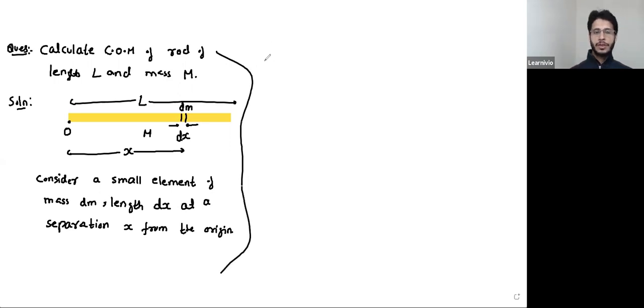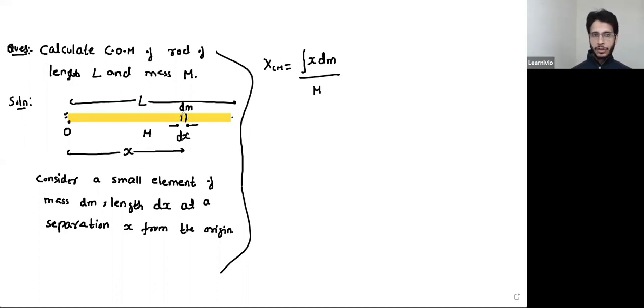If I use the definition of center of mass, the x-coordinate of center of mass is the integral of x dm divided by the total mass. Now we have to choose proper limits. This x can lie from the origin to this end.